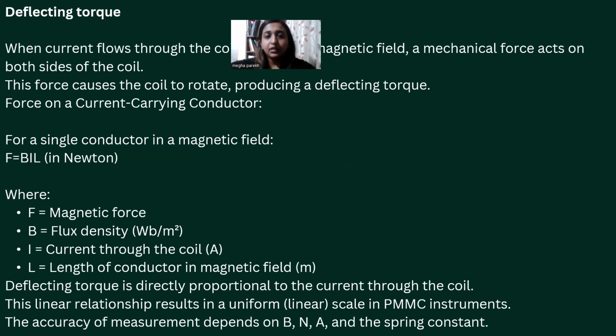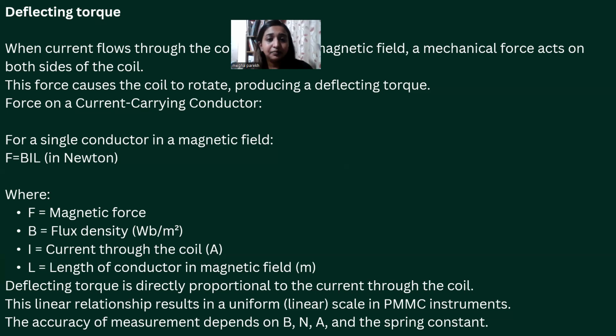Suppose there is a magnetic field in one direction. We place the coil in between the magnetic field and apply current to the coil. Due to that current, the coil rotates, and due to that rotation, torque is produced. Like we know the definition of torque, this torque is known as deflecting torque.